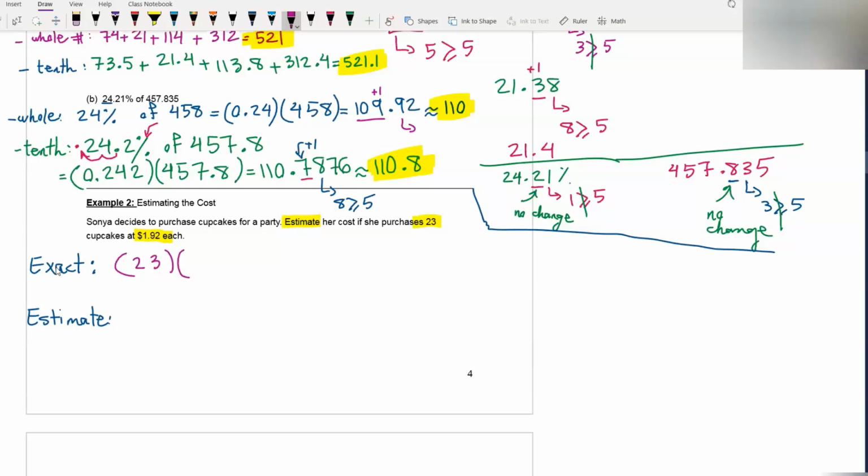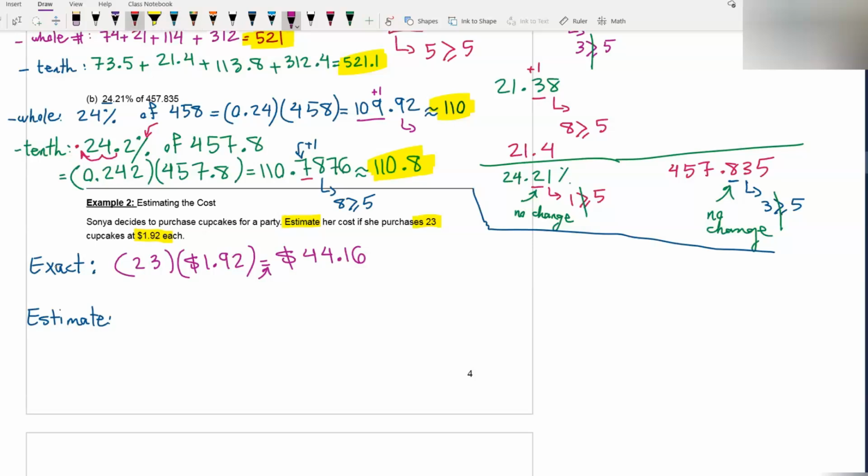Multiply that by $1.92. Using calculator, I got $44.16. This is the exact cost, the exact value. That's why you have this symbol. It's equal to.